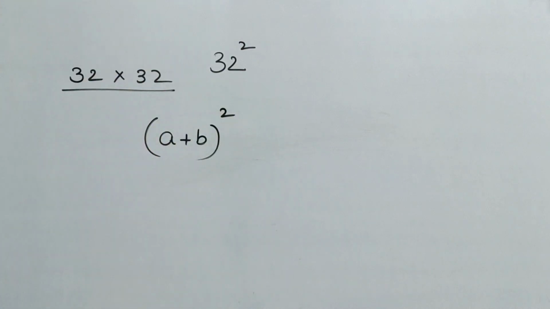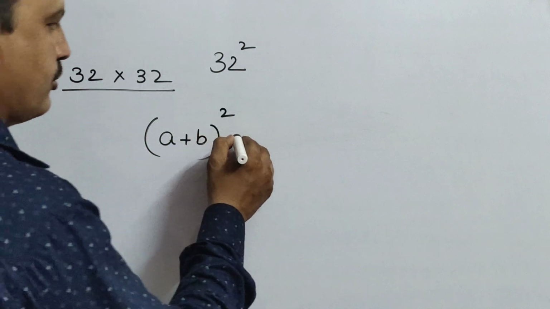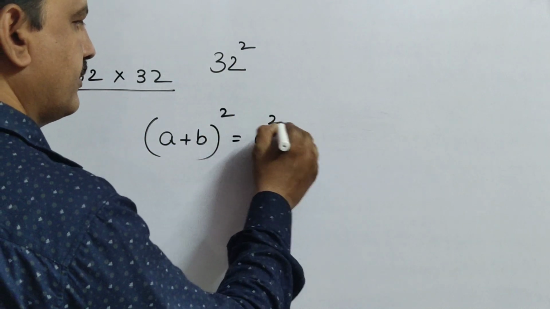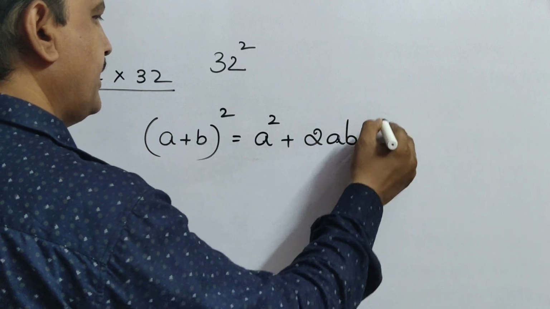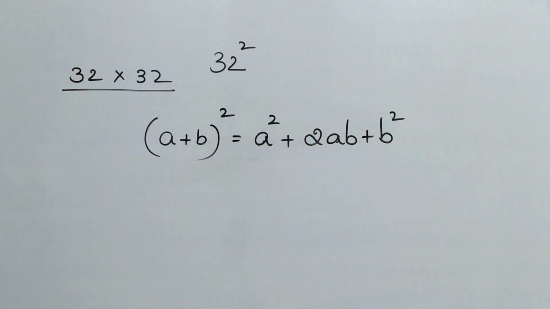That is, a plus b whole square equals a square plus 2ab plus b square. Already you have learned in algebra.